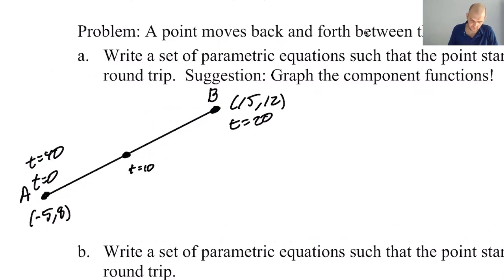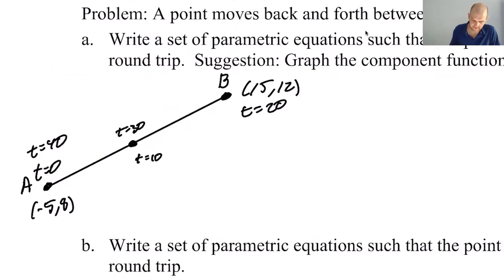And then if it's from 20 to 40, we're going to say we get back here at t equals 30. Now, once we've done that, we can pretty much answer this question. The midpoint will be -5 plus 15 is 10, divided by 2, so that's 5, and then 8 plus 12 is 20, divided by 2 is 10. You can just look at that.